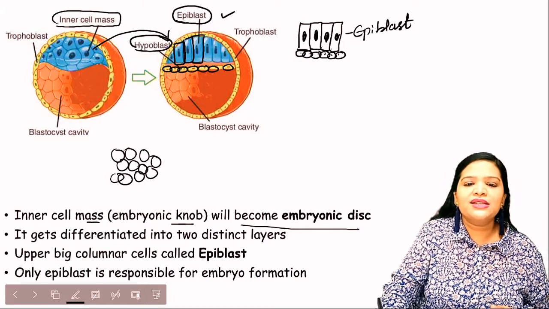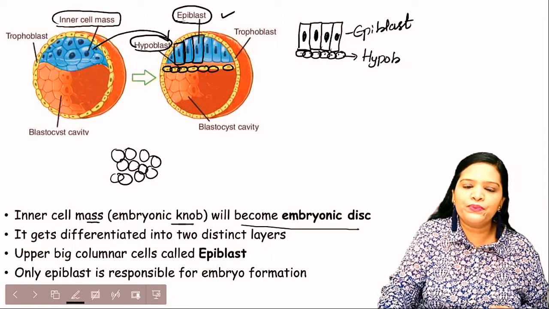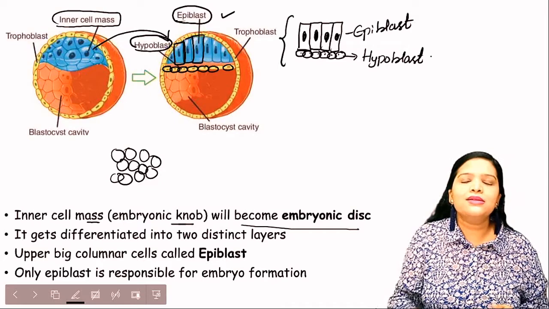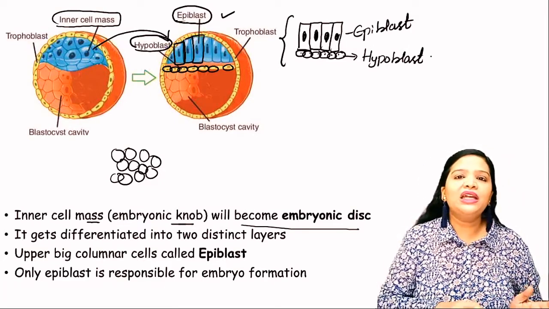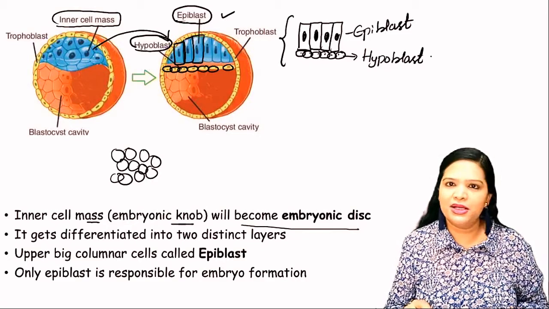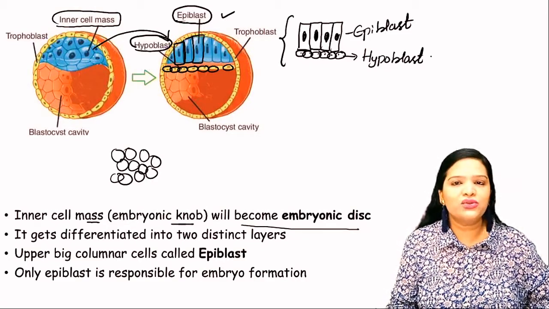This layer is called hypo, meaning below, right? So hypoblast cells. These two layers are differentiated from where? From the inner embryonic cell mass. So this is the first step that occurs during gastrulation.